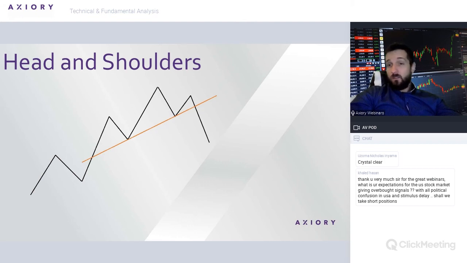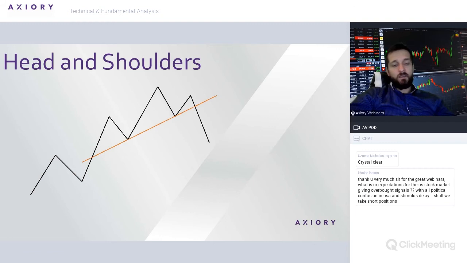Not all the time, but for example, even if one particular pattern results in a movement to the downside in 52% of the time, it gives you an edge over the market, because it's a coin flip, right?